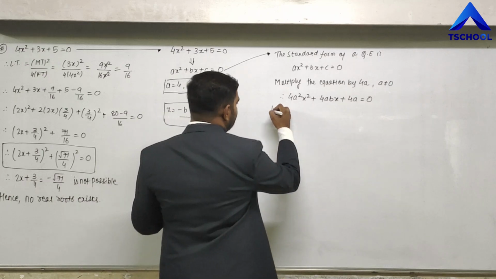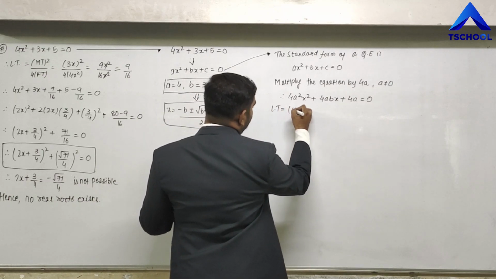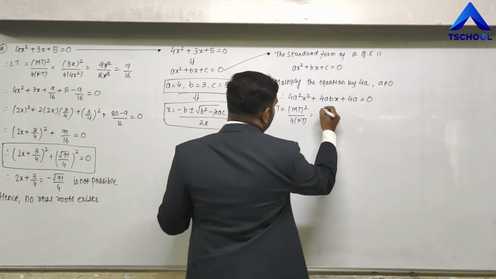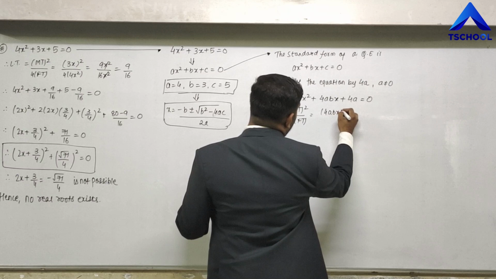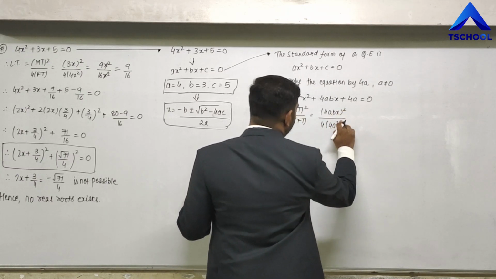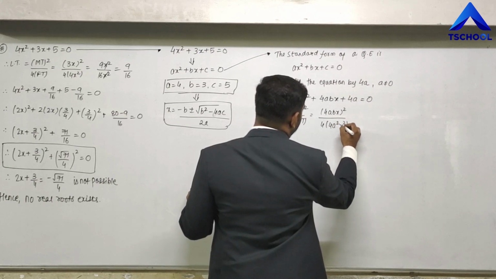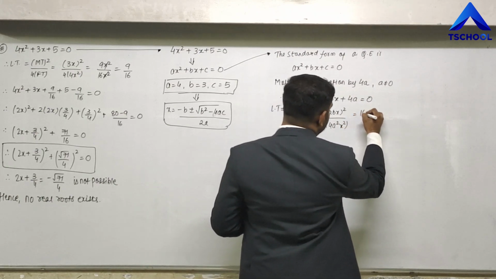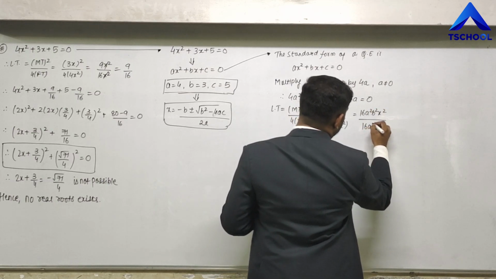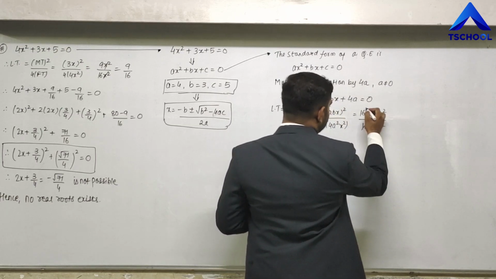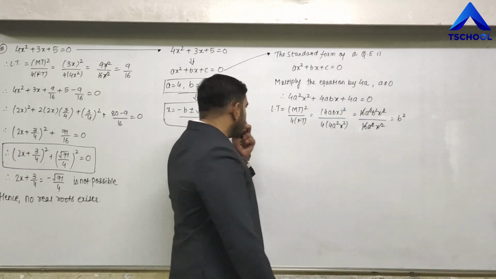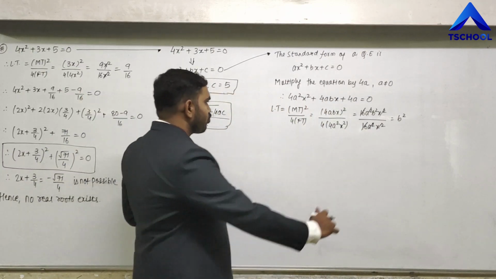We shall find out the last term, that is middle term square upon 4 into first term, that is (4abx) whole square upon 4 into 4a square x square, that is equals to 16 a square b square x square upon 16 a square x square. 16 cancelled, a square cancelled, x square cancelled, so we got the last term as b square.